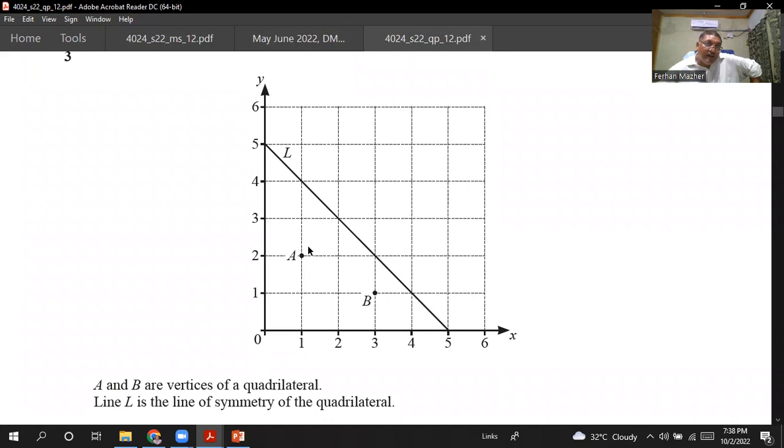So you will join A with this line of symmetry perpendicularly, and you check how much is the distance of A from this line of symmetry. Same distance you will go on the other side. In the same way, join B with this line of symmetry perpendicularly and prolong that line, and check how much is this distance. Same distance you will go on that side. So here you have half diagonal here, a full diagonal here.